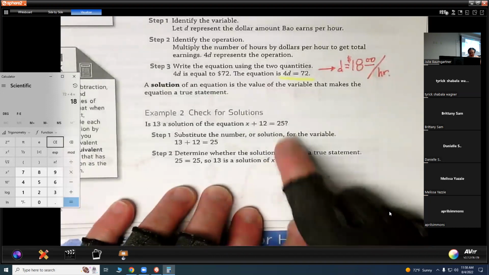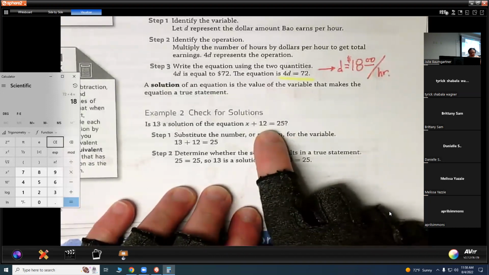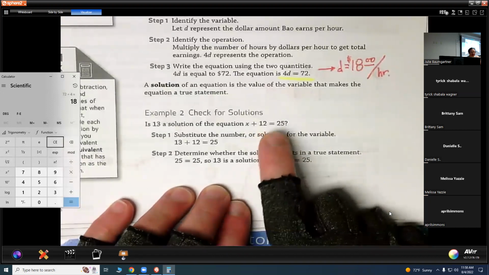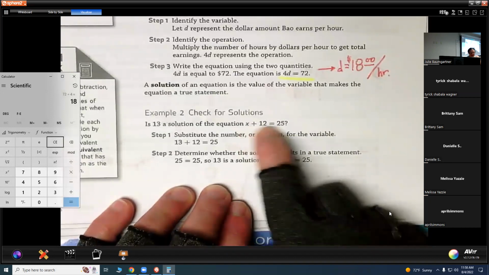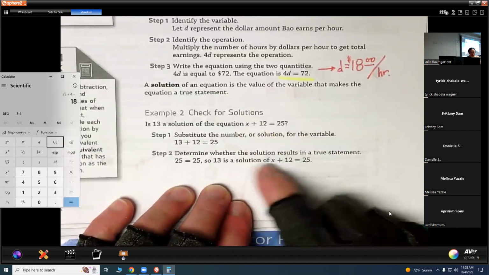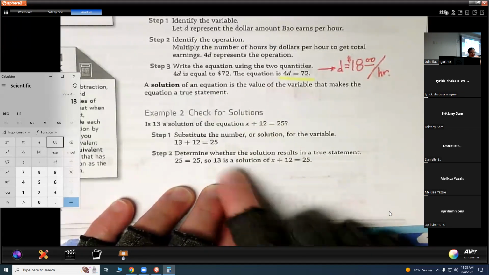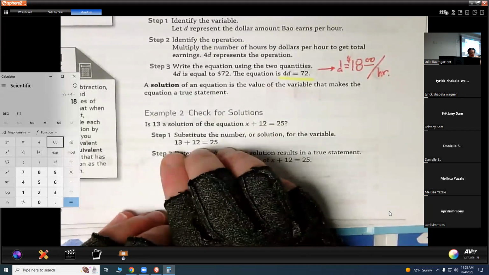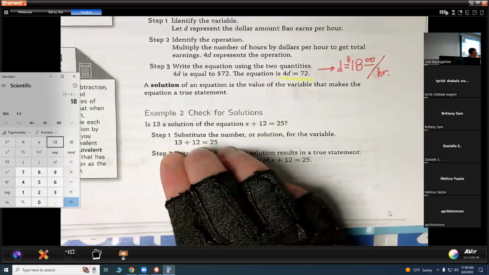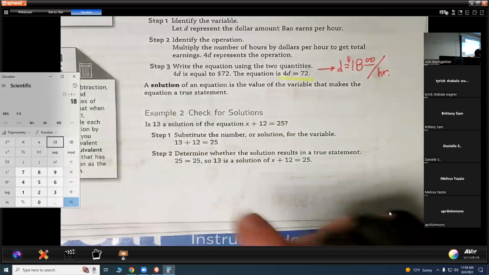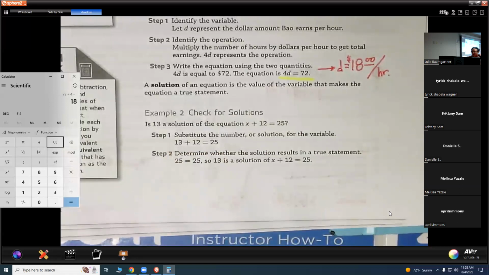Yes, right? In this equation, x equals 13. If x doesn't equal 13, then this statement isn't true. It isn't truly equal. Does that make sense? But this, yes, 13 plus 12 is the same as 25. It's just two ways of representing that amount.